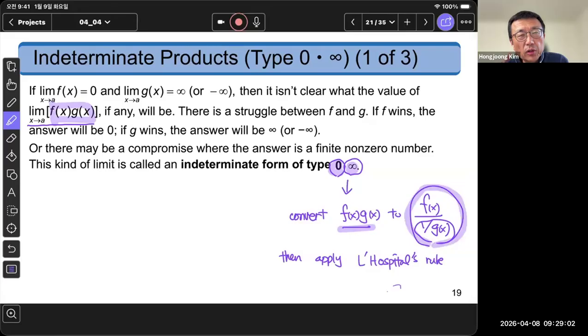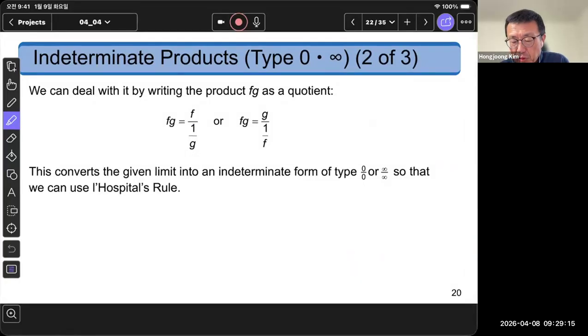In other words, one of these two functions goes to the denominator. And the second step is to apply the L'Hopital's rule. Okay, so you need to rewrite this f times g using f over 1 over g or g over 1 over f. And then you can apply the L'Hopital's rule.